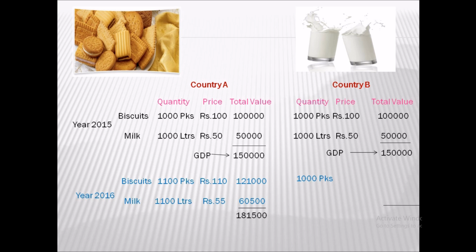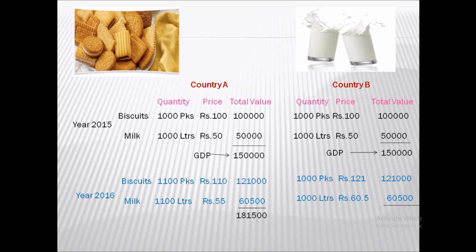And country B produced the same quantity of 1000 packets of biscuits, but the price of biscuit packets has gone up to 121. So here the total value produced is 1,21,000 as far as the biscuits are concerned for country B. Their production of milk is also stagnant at 1000 liters, but the price of milk has gone up to 60.5.